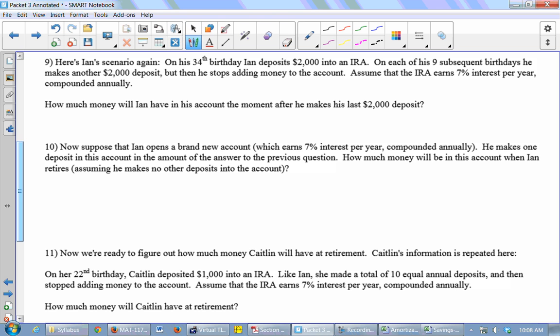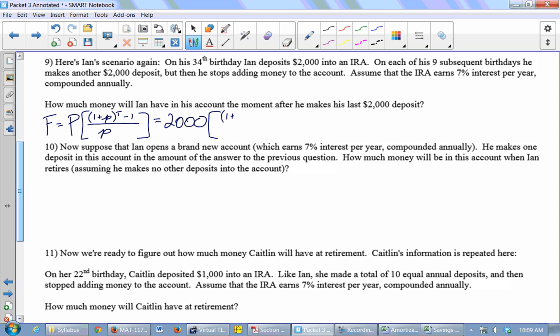Well, that is this formula we've been using all class. Future value is your payment amount times 1 plus little p to the capital T, minus 1, over little p. Ian's payment amounts are $2,000. And we've got 1 plus little p. We have a 7% APR.